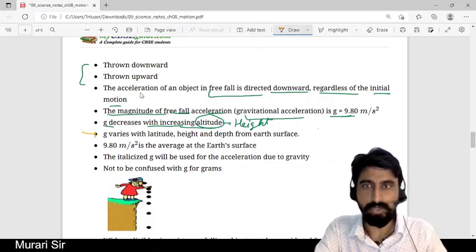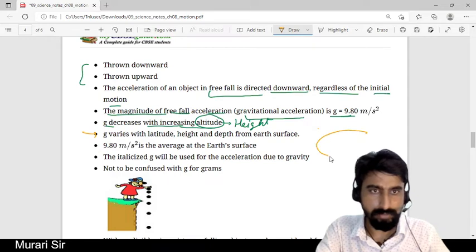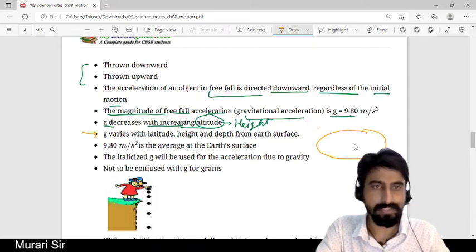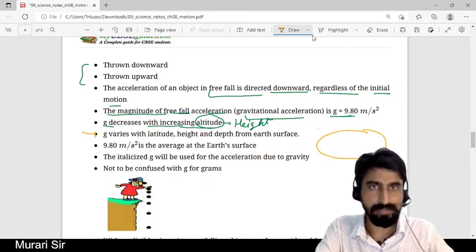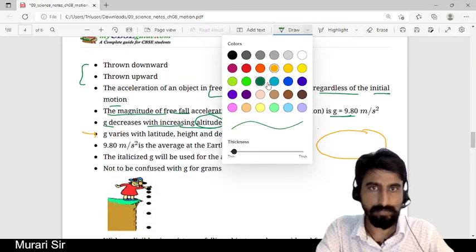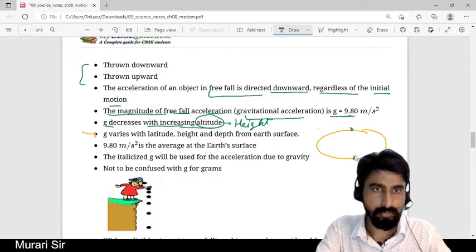g varies with altitude, and let me tell you, if earth is like this oval shape, these parts are poles, north pole and south pole, and these are considered as equator.